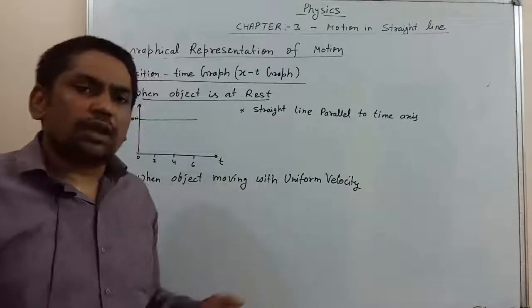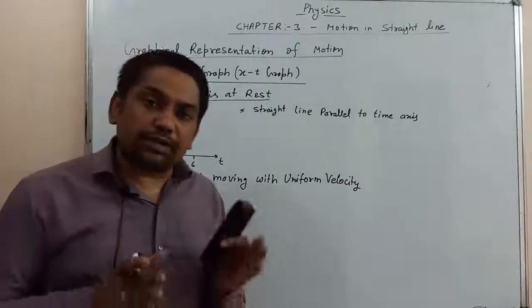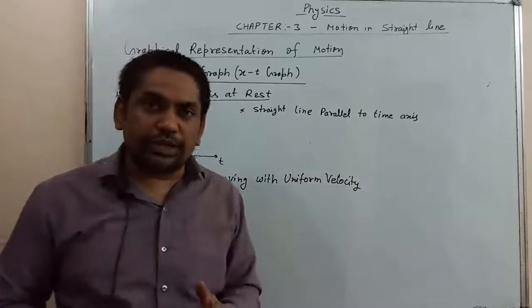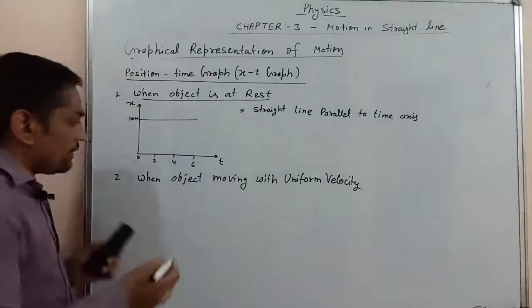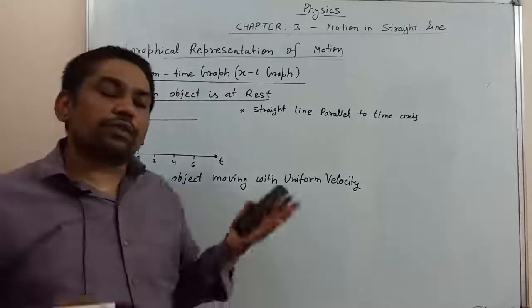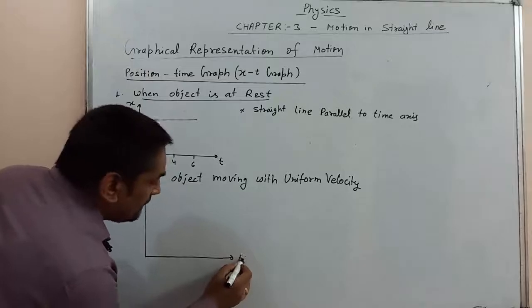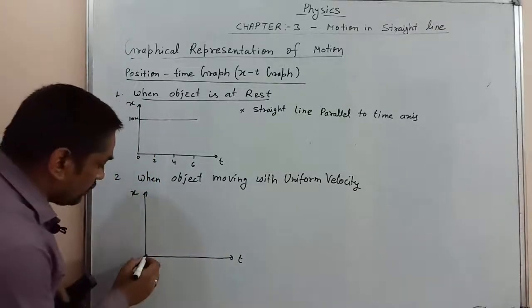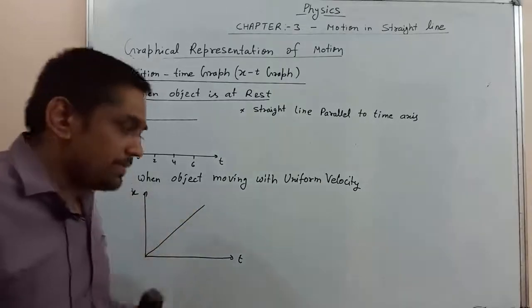We discussed in the previous lecture that if an object covers equal distance in equal interval of time, then the motion of that object is called uniform. So if an object is moving with the uniform velocity, the graph between time and displacement of the motion of that object is a straight line but not parallel to time axis.